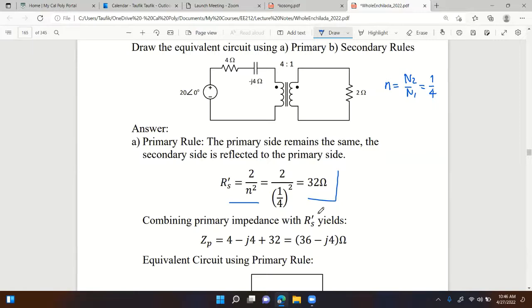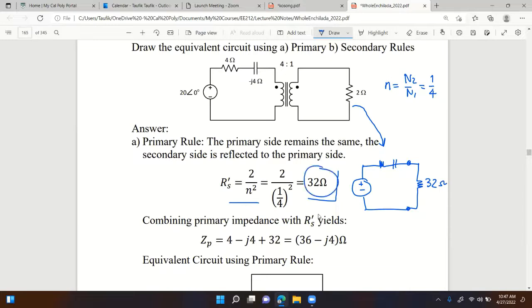So once I've done this, basically what I've done is transform that initial circuit into an equivalent circuit that looks something like this. The primary side stays the same. And then on the secondary side, instead of having the transformer and the resistor, I just replace it with one resistor that is now 32 ohms.